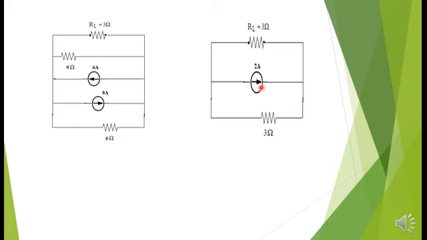So based on that, current through RL 3 ohms is equal to 2 amps into resistance of the other branch, that is 3 ohm, divided by sum of the resistances, 3 plus 3, 6. So 2 into 3 by 6 means 1 amp. So current through the RL is 1 amp.